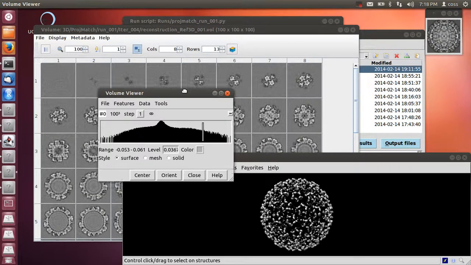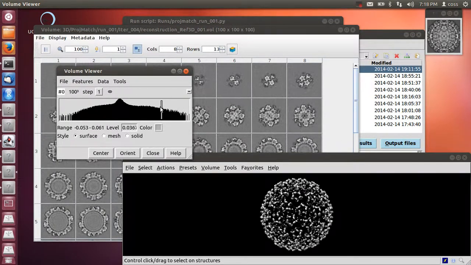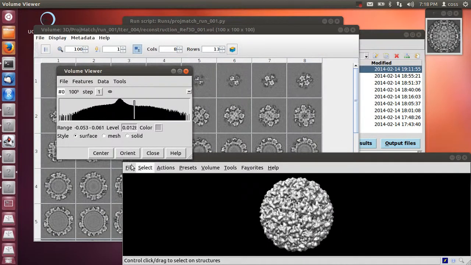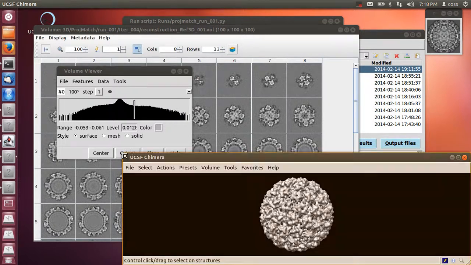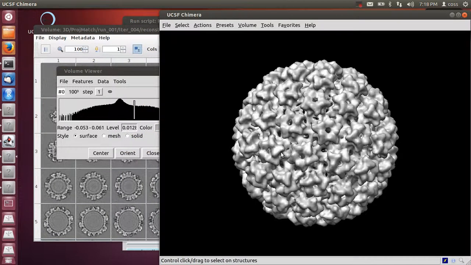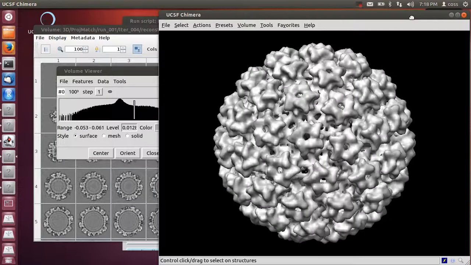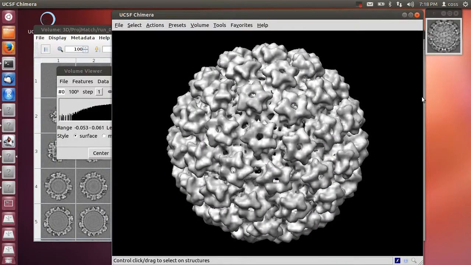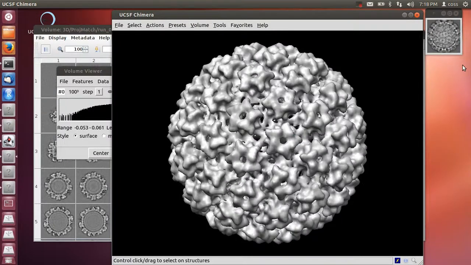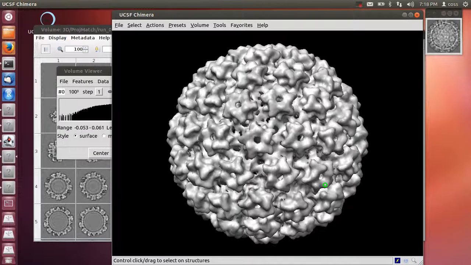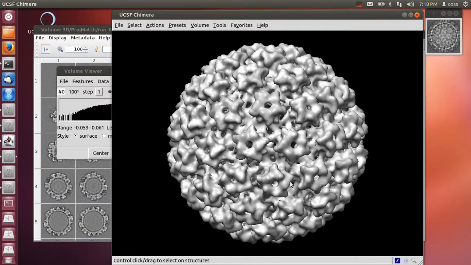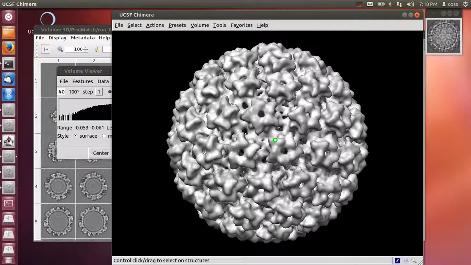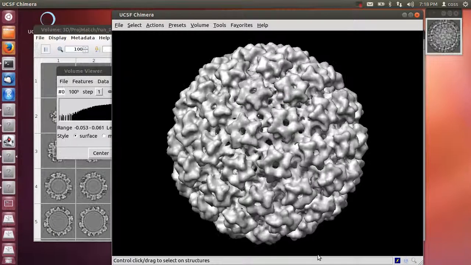Here we have this structure at about 21 angstroms resolution, and again you have this projection direction. This is the projection from the point of view of the observer, looking in front of the screen. So this is the reconstruction of the virus at 21 angstroms.